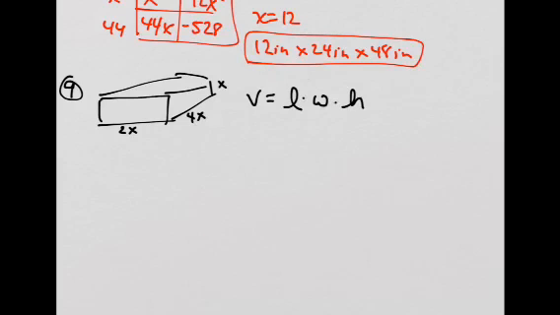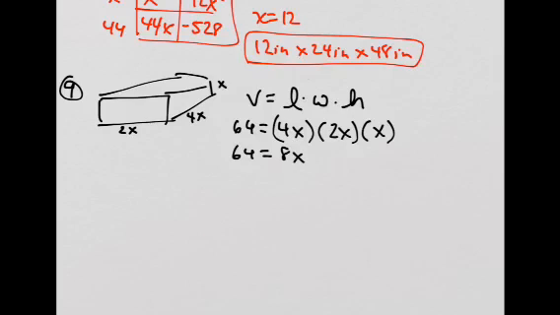Number 9, you have a rectangular piece of crafting supply, where the length is 4 times the height, and the width is 2 times the height. So here it is, it's labeled for you. The volume of this piece is 64 cubic inches, or centimeters, sorry. So 64 is 4x times 2x times x, so that gives you 64 equals 8x cubed.